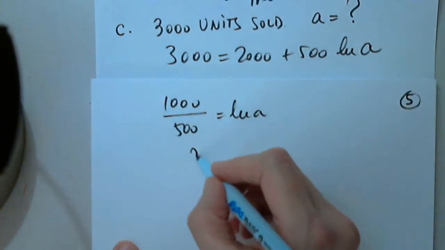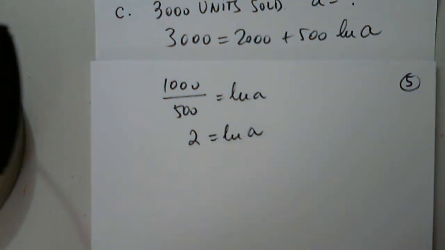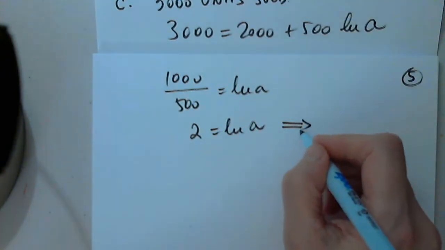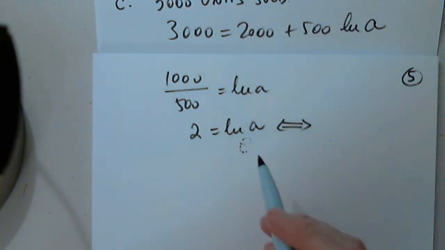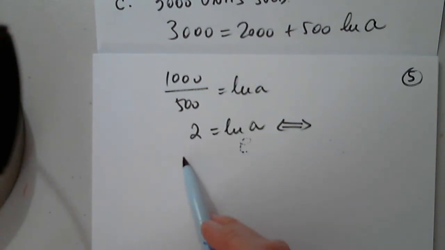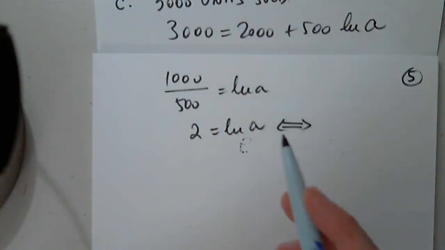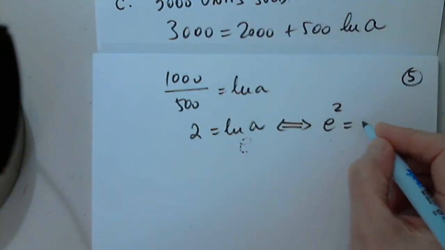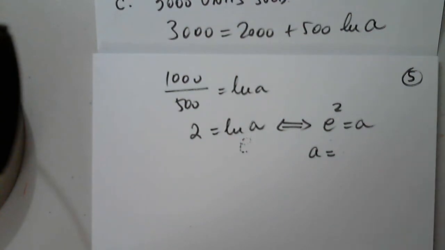So then I have 2 equals natural log A. And then how do I convert this into an exponential equation? Remember, the base here is e. e raised to the second power equals A. So e squared equals A. So A equals, and it has to be in thousands. So I'm going to share my screen.